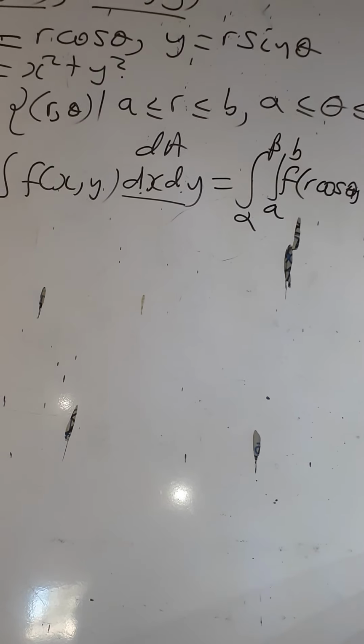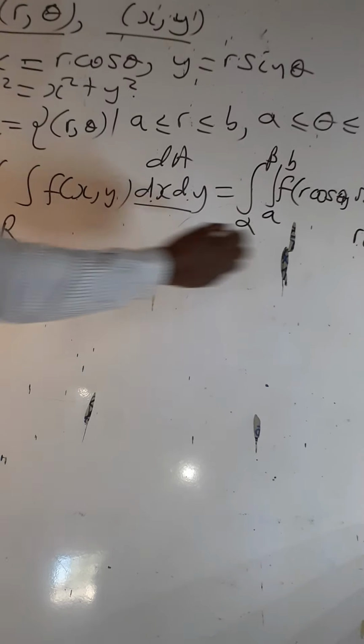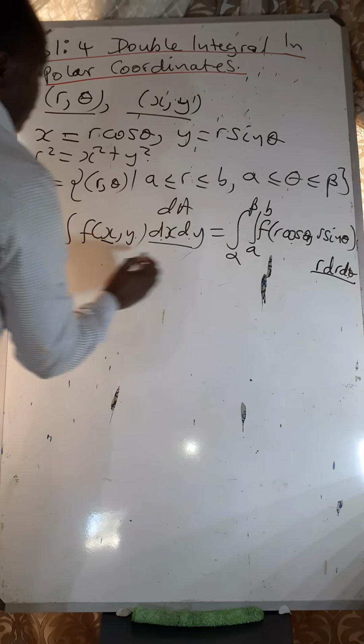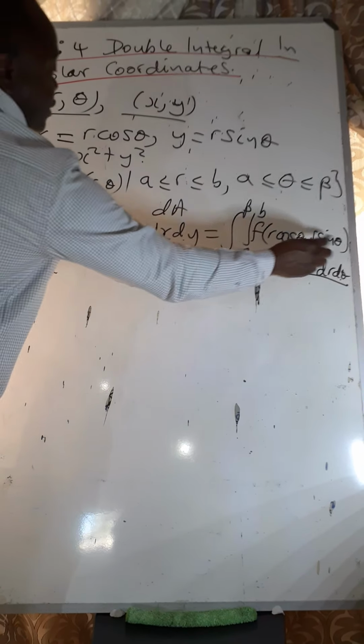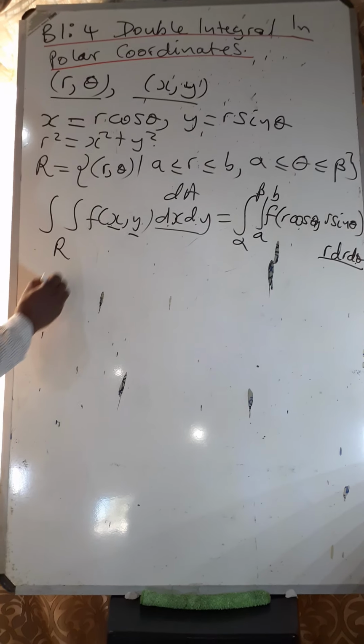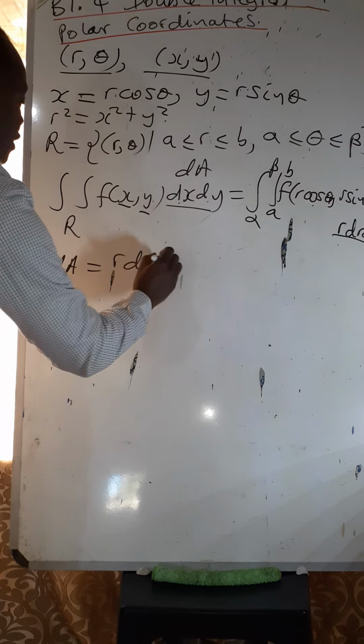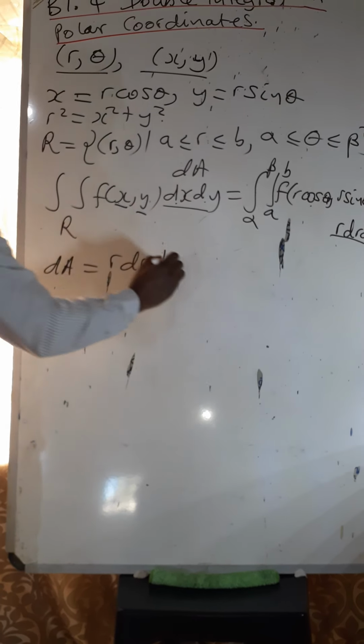If you take any calculus textbook, they will show you how you arrive at that one. And wherever there's x, you put r cos theta, there's y, you put r sin theta. So we are saying dA is nothing but r dr d theta.